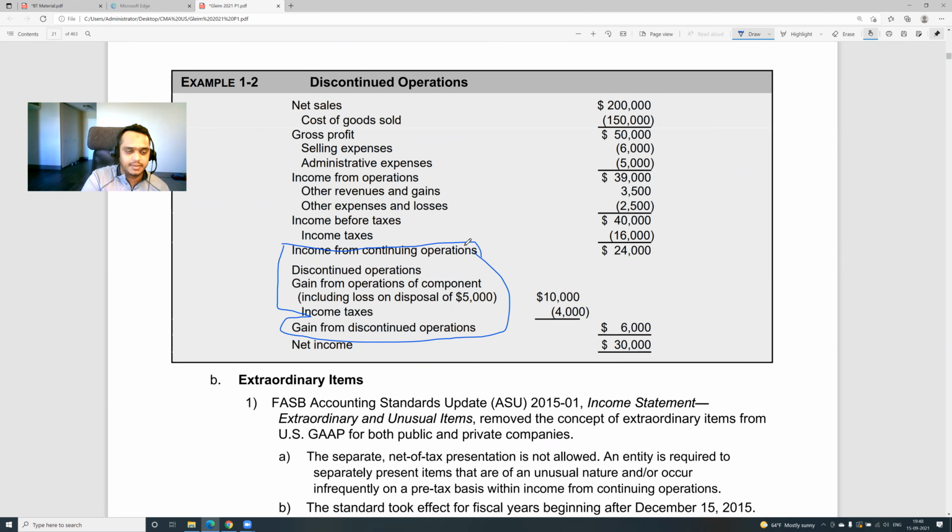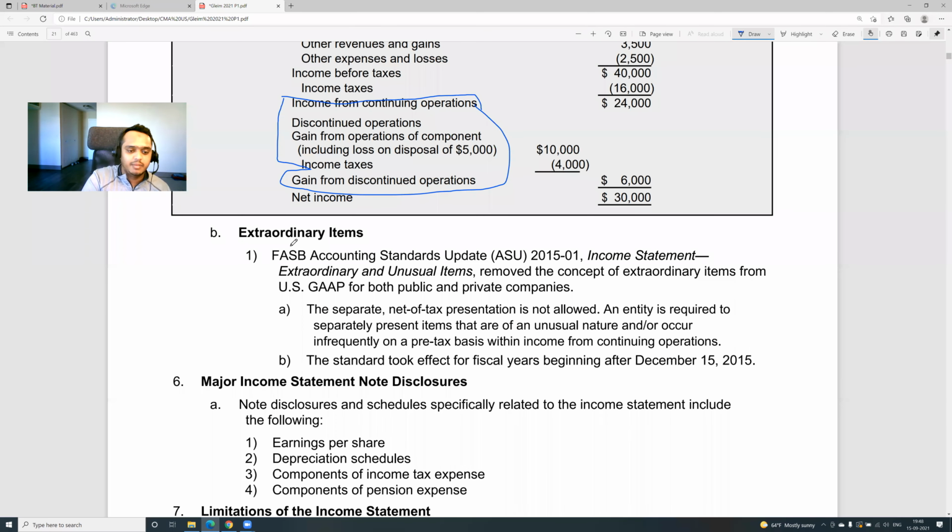All right, nothing else. Then extraordinary item. FASB Accounting Standards Update on income statement, extraordinary and unusual items, removed the concept of extraordinary items from US GAAP for both public and private companies. The separate net of tax presentation is not allowed.